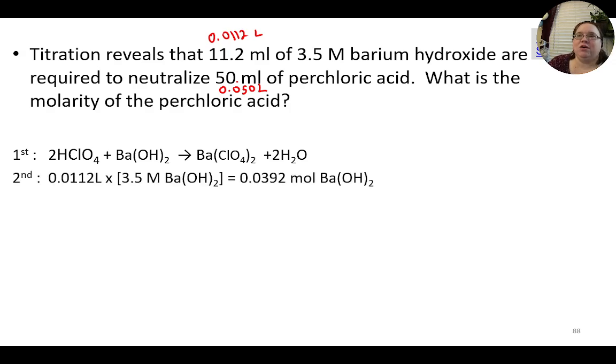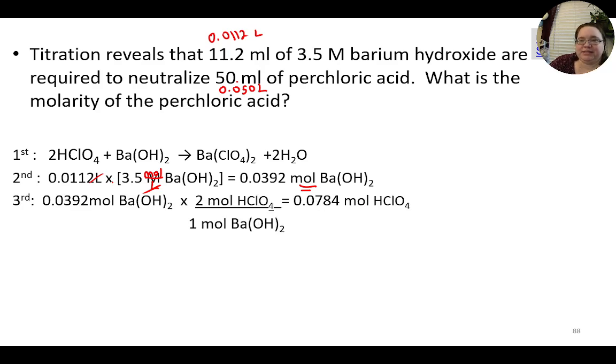So we're going to use our 0.0112 liters and our 3.5 molar to find the moles. Molarity times liters gives me moles. Remember that big M is saying the same thing as mole over liter. So the liters cancel. Now that we have moles of barium hydroxide, we use our mole ratio. This time it needs to be a 1 on bottom because my barium hydroxide has a 1. It's a 2 on top because the acid has a 2.